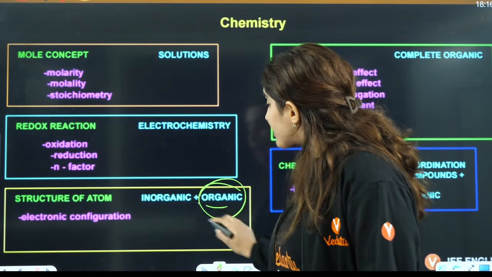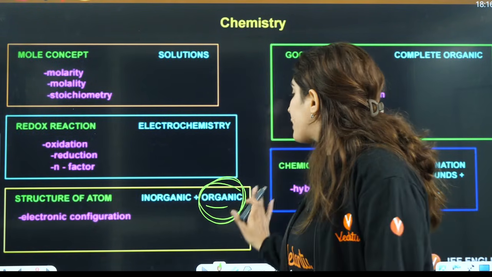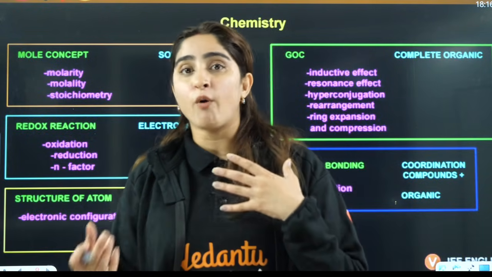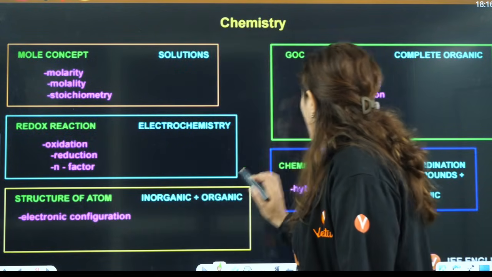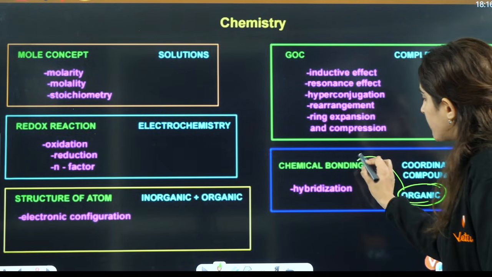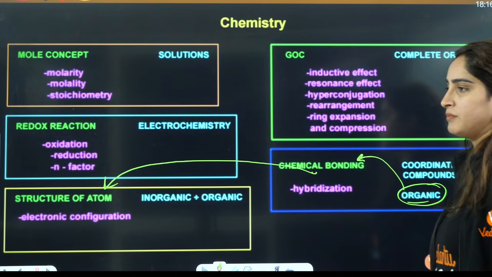Now for organic chemistry, how is it related to structure of atom? Because in organic chemistry, when you study the base, when you study the pi bond and all that, I would advise you that before organic chemistry, you should do chemical bonding, and chemical bonding is dependent upon structure of atom. Understood?